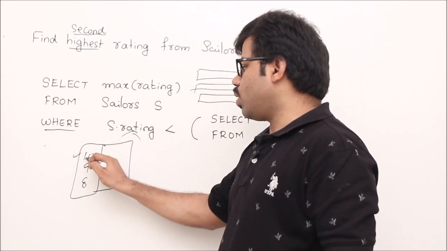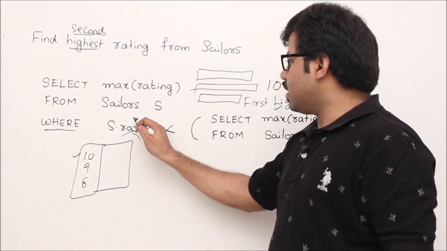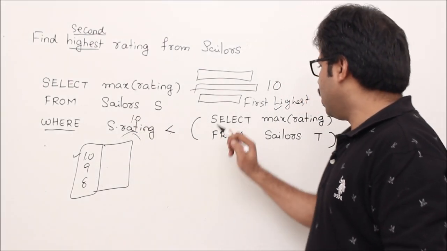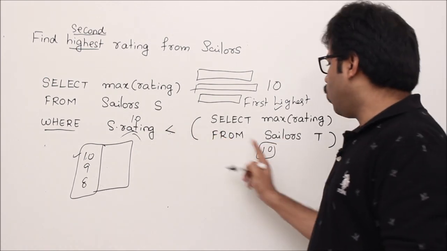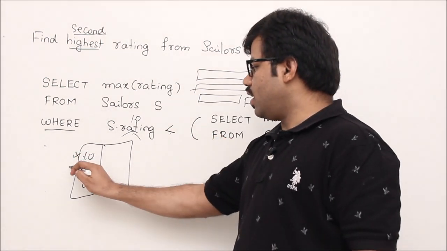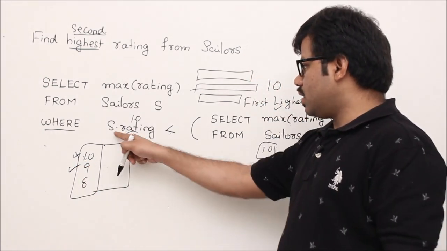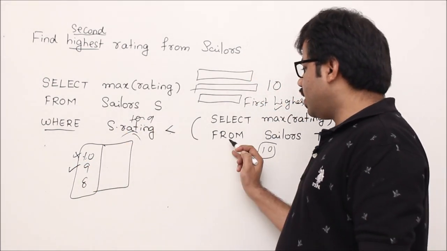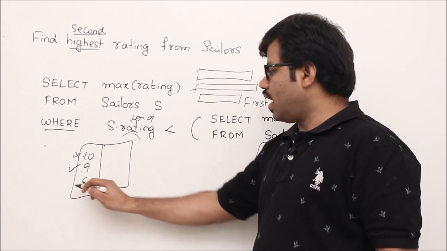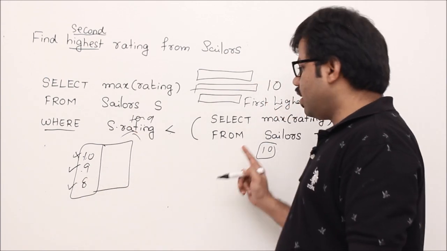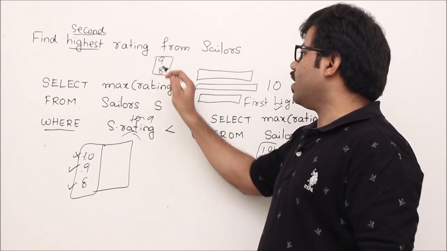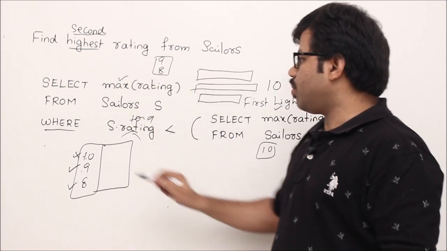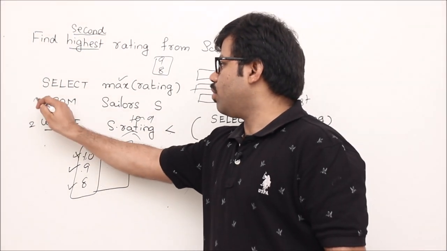First, sailor number 1, let's say his rating is 10. We already know that max rating is 10 here, so 10 less than 10 is false and this will be rejected. Then the next tuple is taken, s dot rating is 9, 9 less than 10 is true, selected. After that 8, 8 less than 10, selected. So other than the first highest, the other ratings are taken. Then we are computing. Step number 2 is done. Now step number 1 is done.